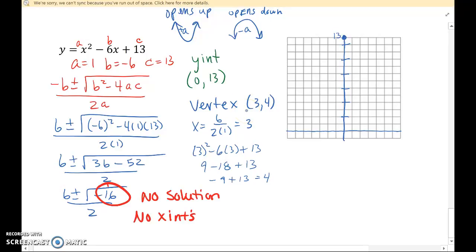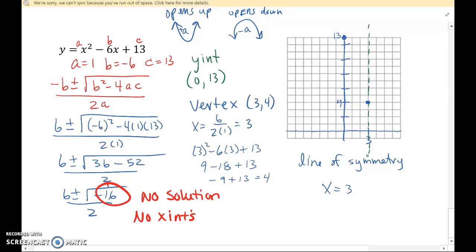There are no x-intercepts. Our vertex is at 3, 4. So 3, 4, we have a vertex. Our line of symmetry goes through the vertex, so that's going to be x equals 3. And so we're going to have the imaginary dotted line coming down the middle.